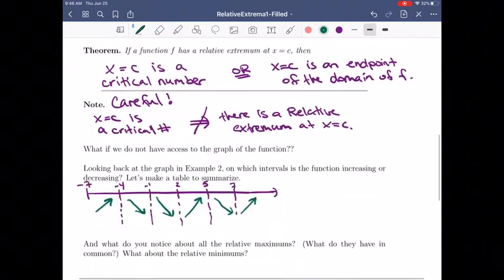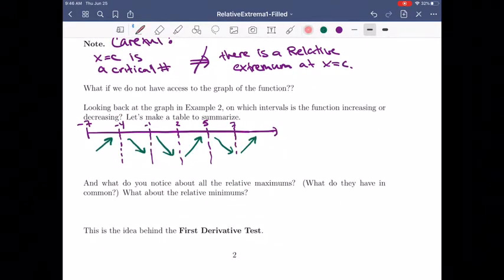Now notice where we got the extrema. At -7 we had a min at the endpoint. At -4 we had a max. At -1 we had none. At 2 we had a min. At 5 we had a max, and at 7 we had a min. That's what we saw.